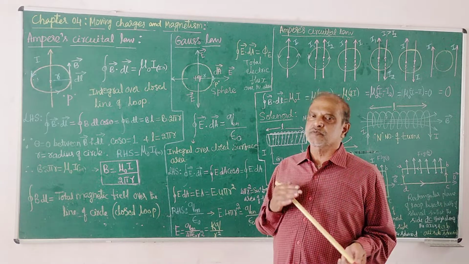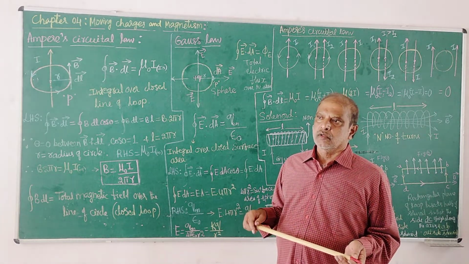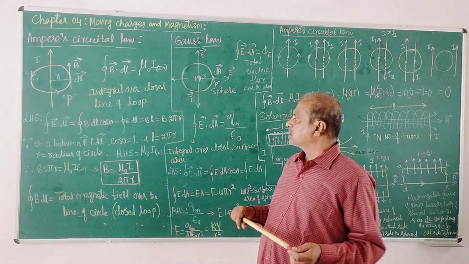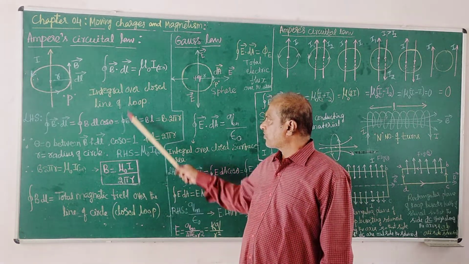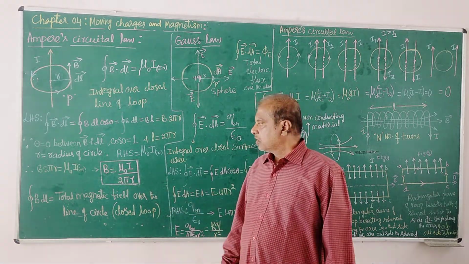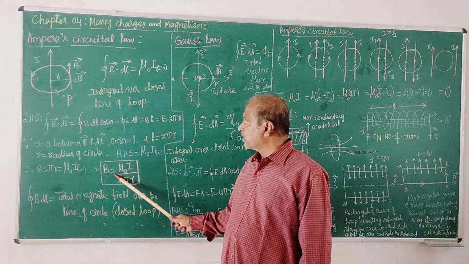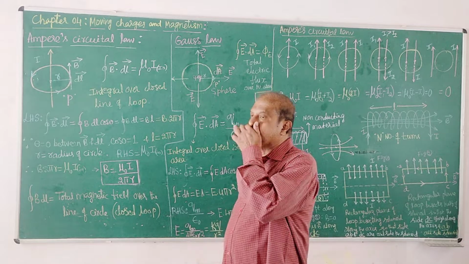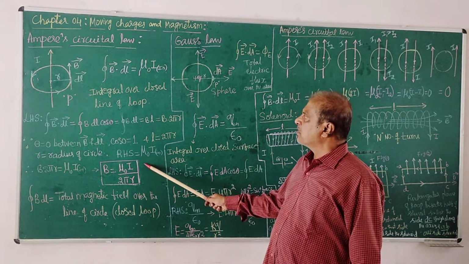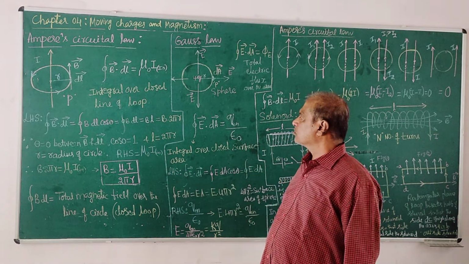It was a laborious process. Now this is the easiest way to find the magnetic field. So this is how we can find the magnetic field by Ampere's circuital law. It is an alternate method to Biot-Savart's law.